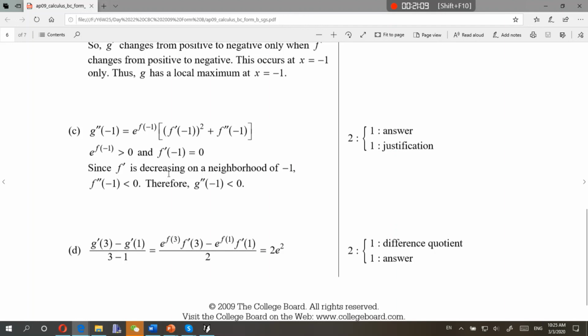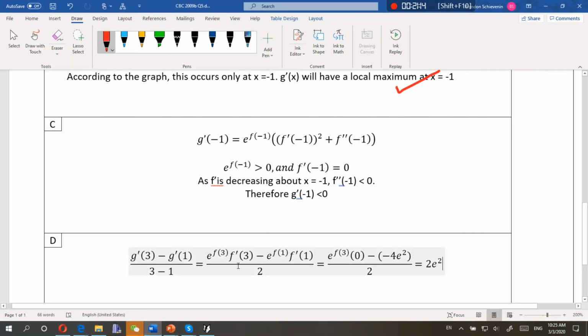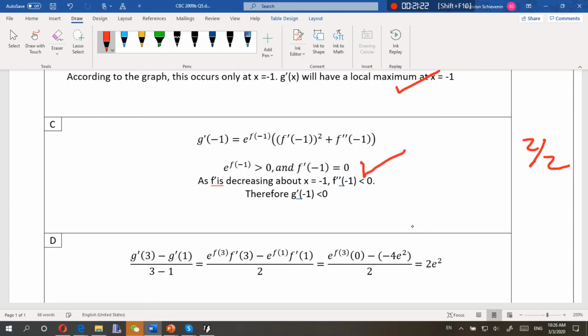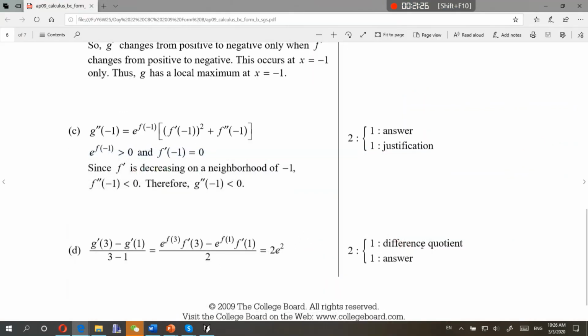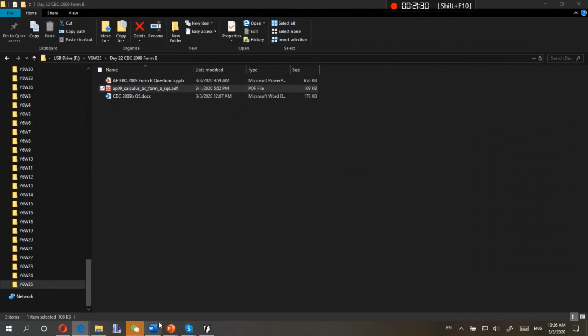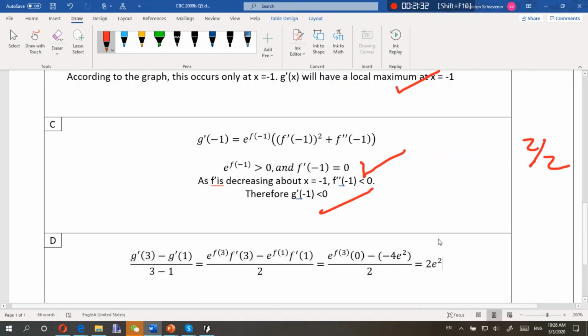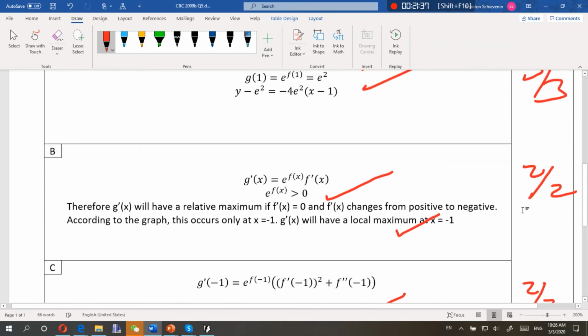We're decreasing around that. Okay, that was good. It's really both of those lines. Then this one. And last part. Difference quotient in an answer of 2e squared. Awesome.